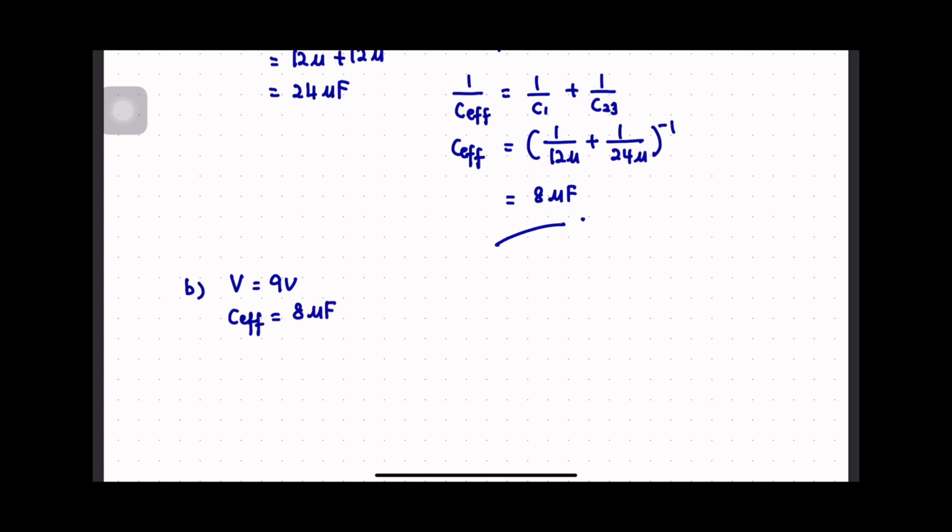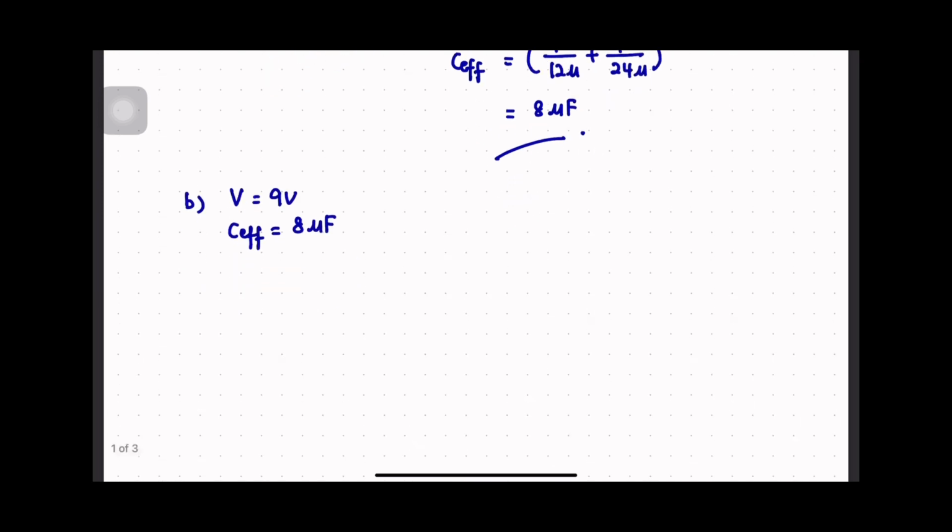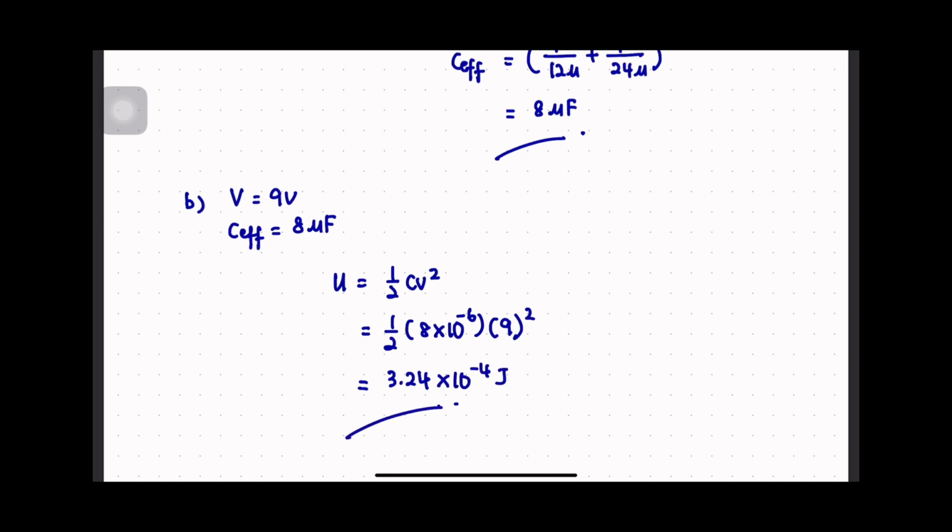Okay, so kita boleh guna kaitan C dan V untuk cari nilai U. So U is equal to half CV squared. Half, C is 8 micro, 10 to power of negative 6, V is 9 volt, power of 2. Okay, so we get the answer is 3.24 times 10 to power of negative 4 joule.